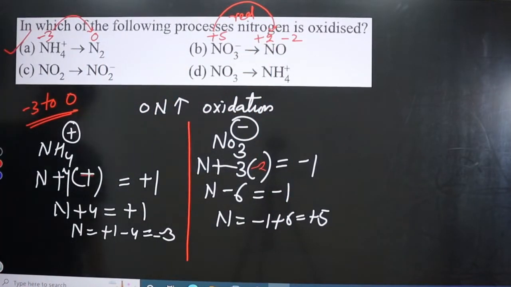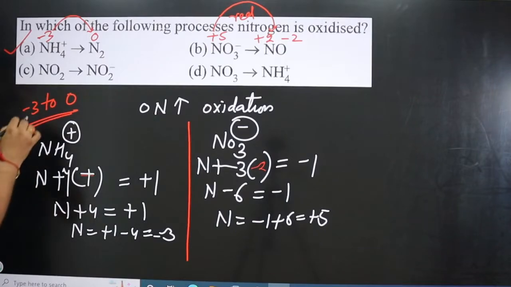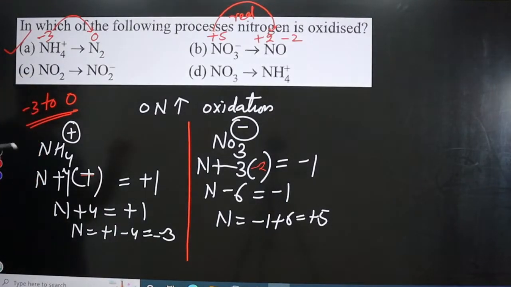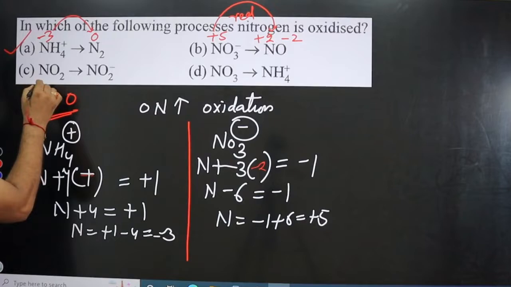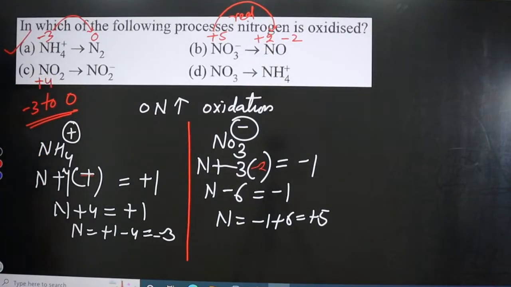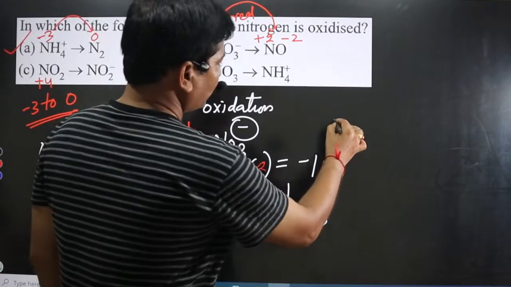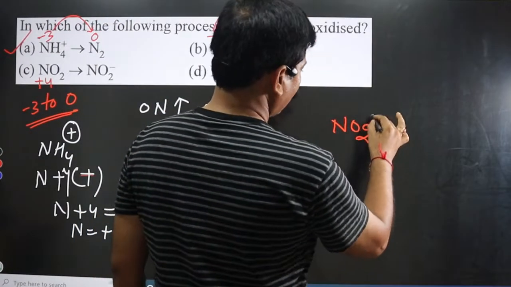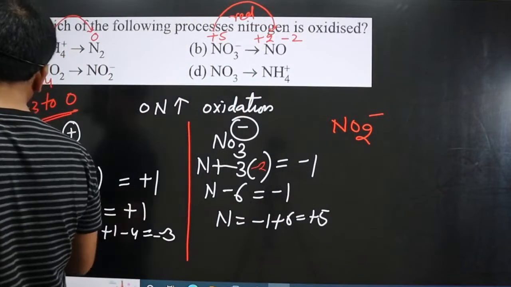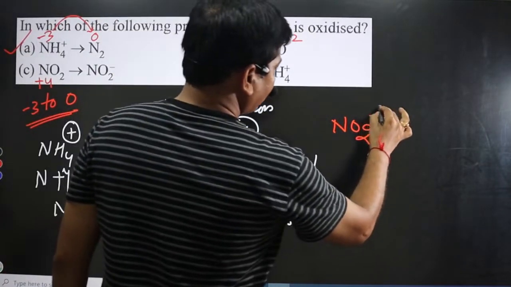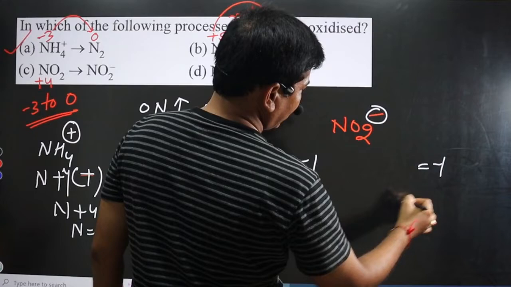Okay. Now for the other option also we can check. 2 oxygen. Each oxygen is -2. Then nitrogen will be 2 times 2 is 4. It will be present in +4 oxidation number. Okay. NO2 minus, other side is given there. NO2 minus, we can calculate oxidation number of nitrogen. So overall charge is what? -1 is equal to -1 written.